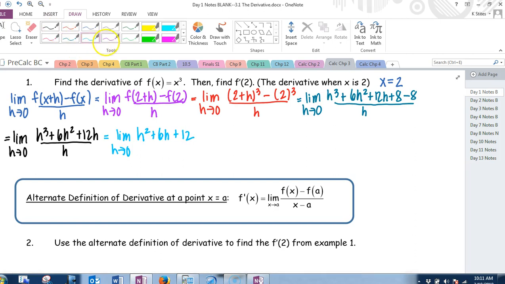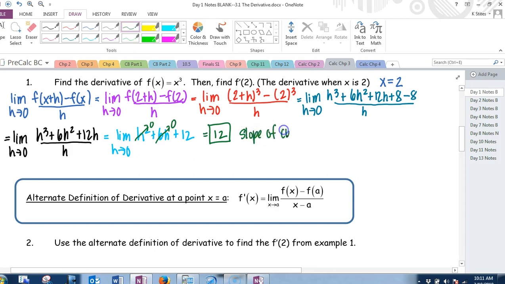What's nice is that we no longer have a denominator, so all of these will go to 0, and you'll get that your slope, which is your derivative, is 12. So this is the slope of the curve at x equals 2. Your notation, we could say f prime of 2, the derivative of the curve when x is 2, is 12.